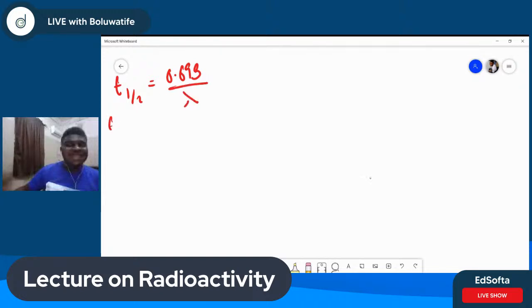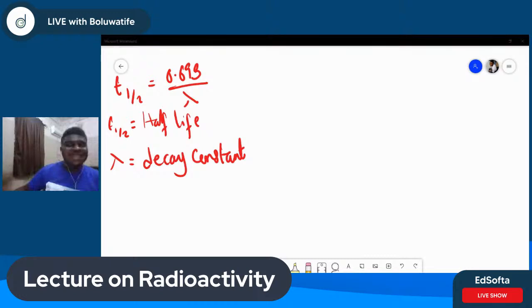T half here is my half-life, and lambda here is the decay constant. So that's just the formula for half-life.